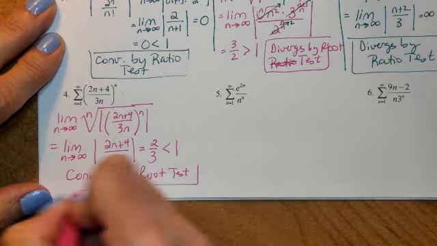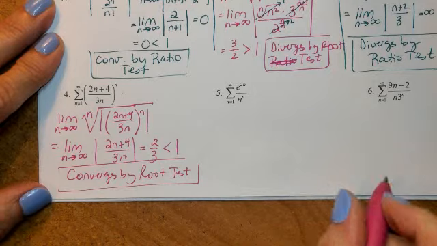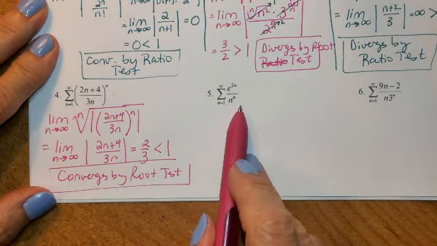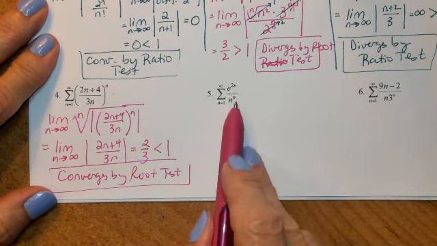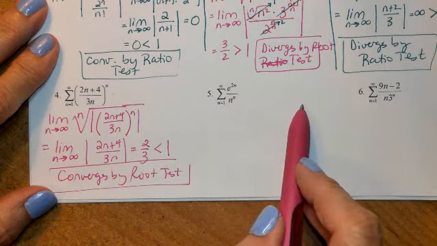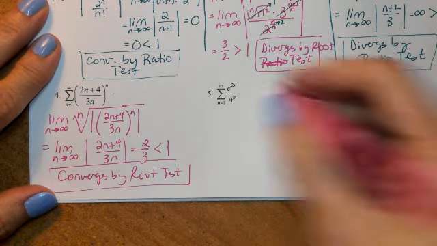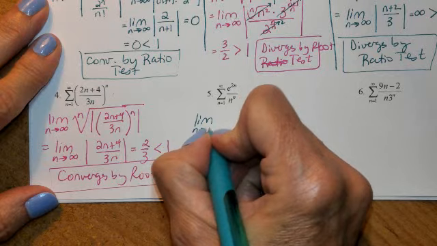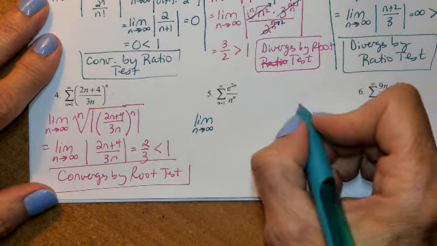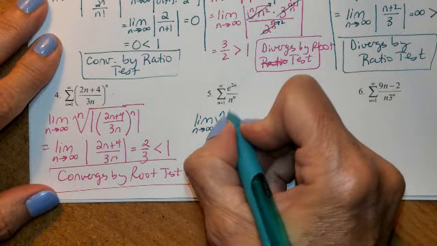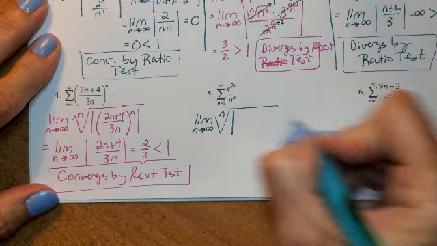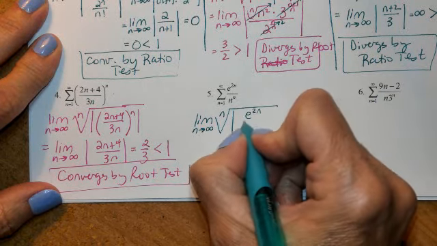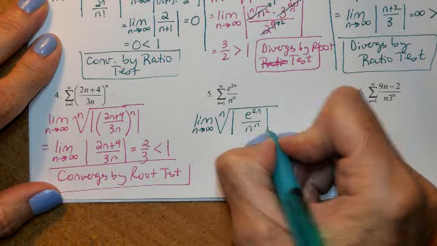Now number 5. I see powers of n. So limit n goes to infinity, root test. Nth root, absolute value of what you see there. E to the 2n divided by n to the n.